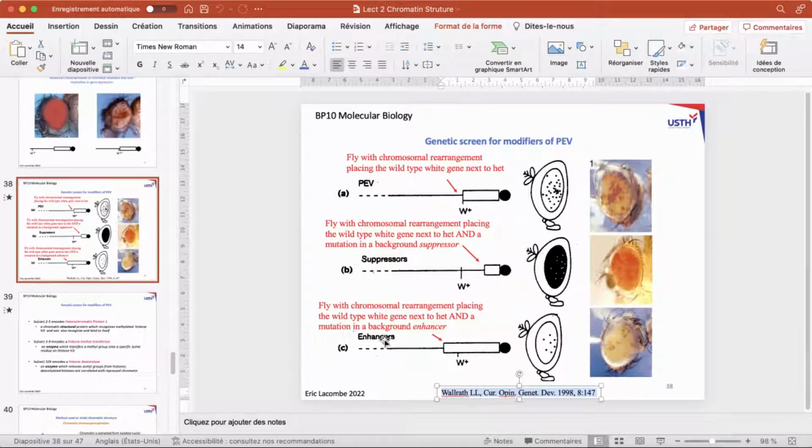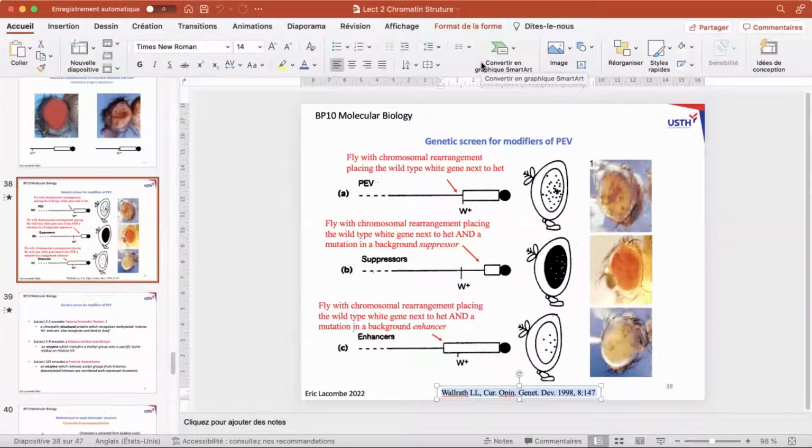So we have to take care because it's very precise. When we talk about this phenotype, for example the one in C, you see that heterochromatin is expanding, but it's expanding in the context of this type of mutant. Do you follow me?